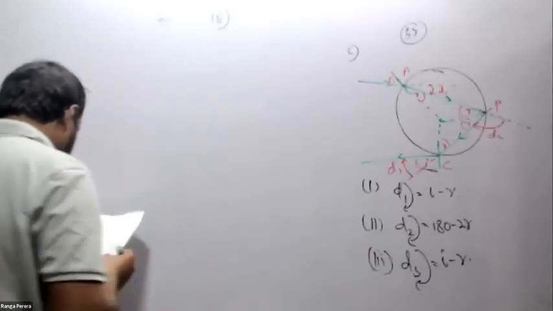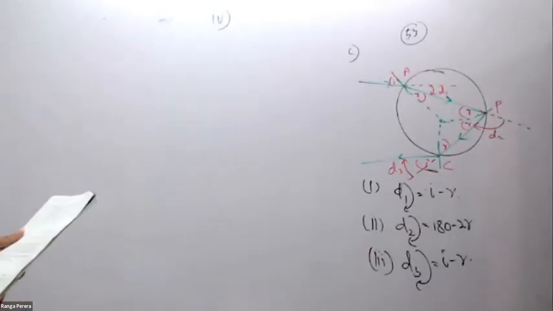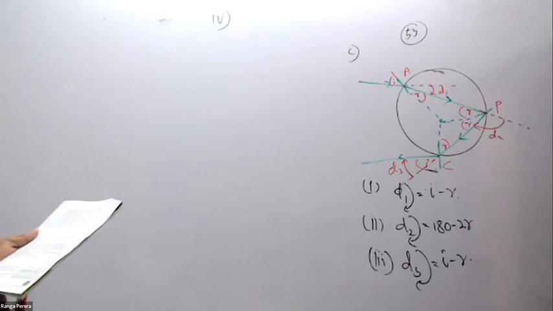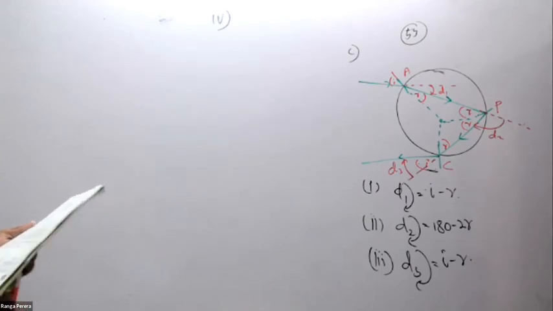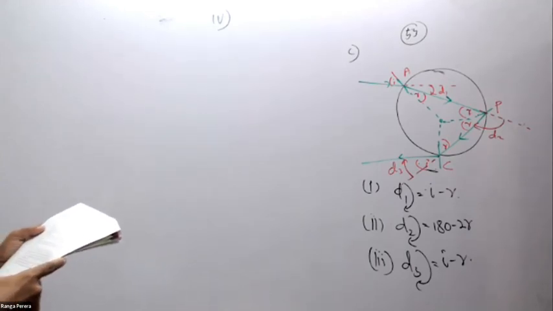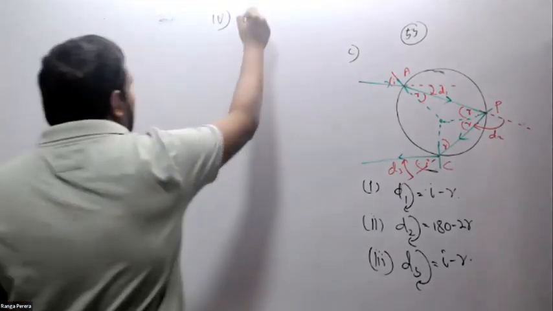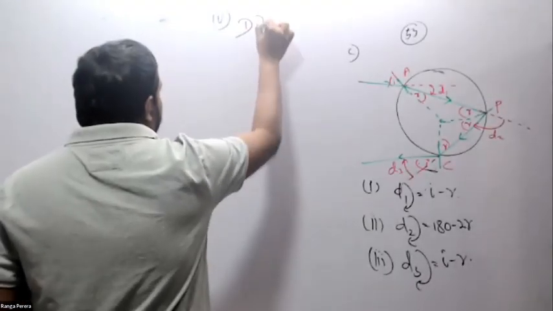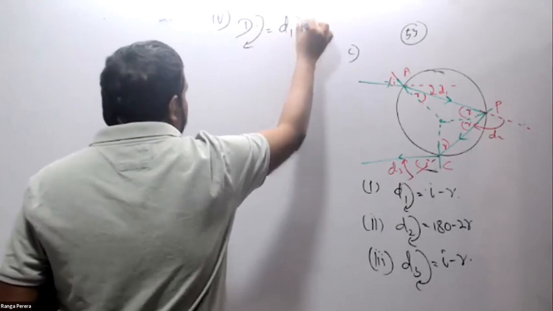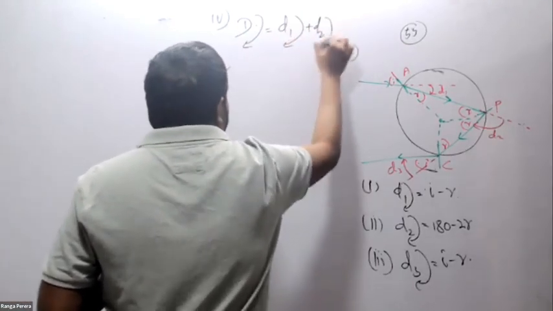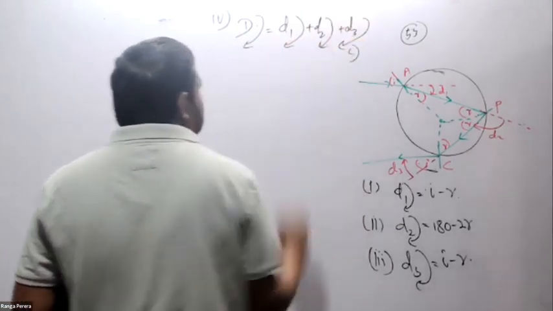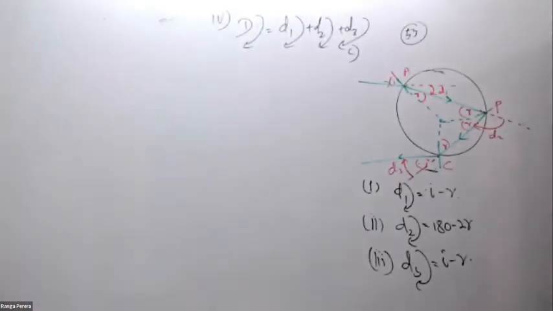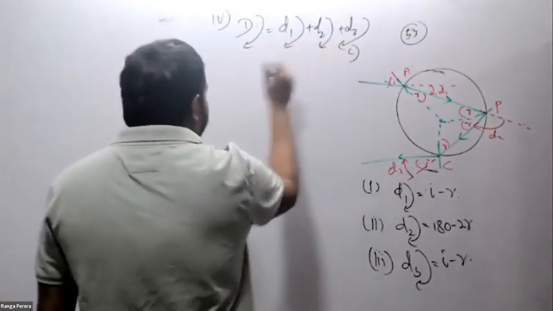Hence, write down an expression for the total angle of deviation D of the emergent ray related to the incident ray in terms of I and R. Total angle of deviation in that direction equals D1 plus D2 plus D3. All are in the same direction.